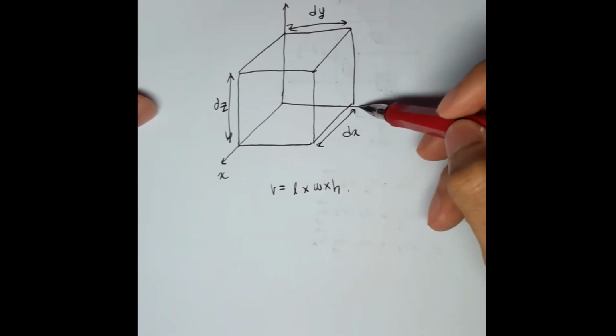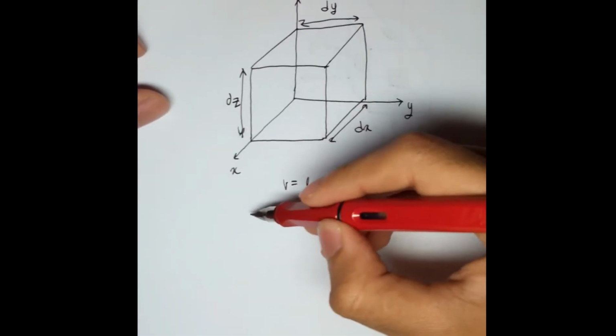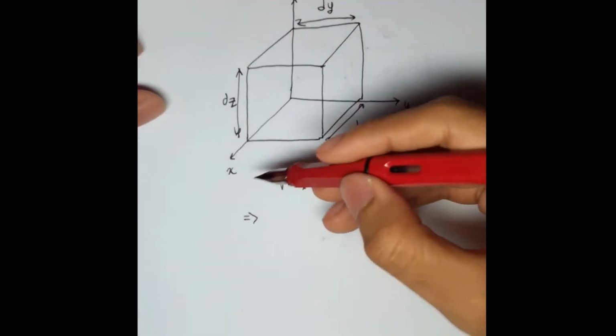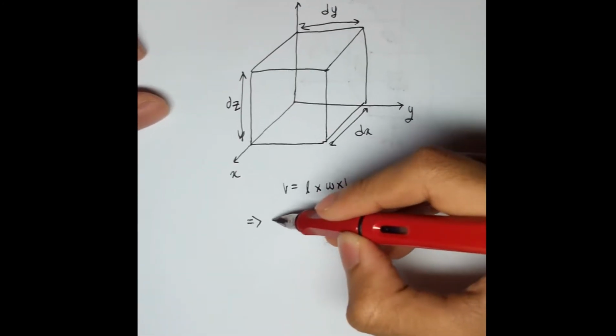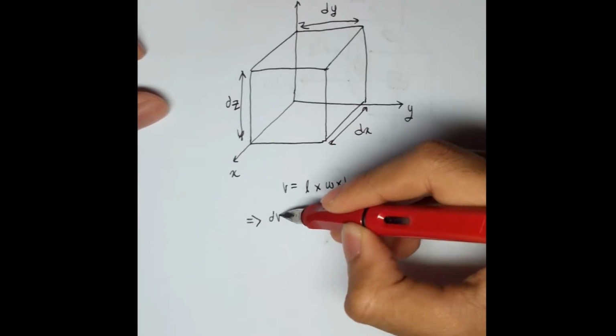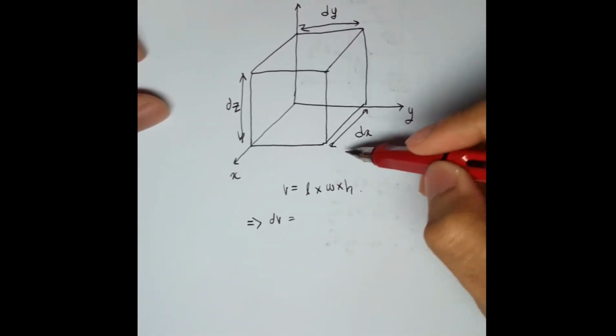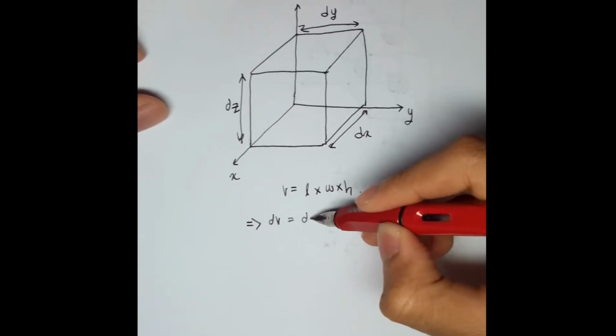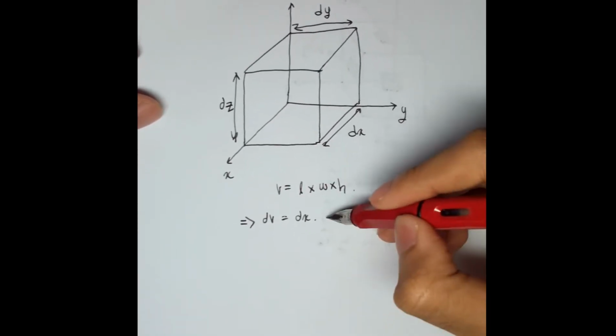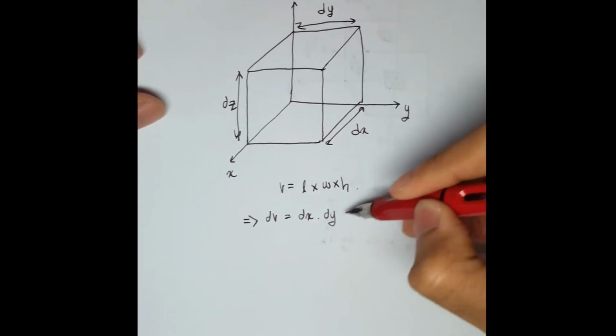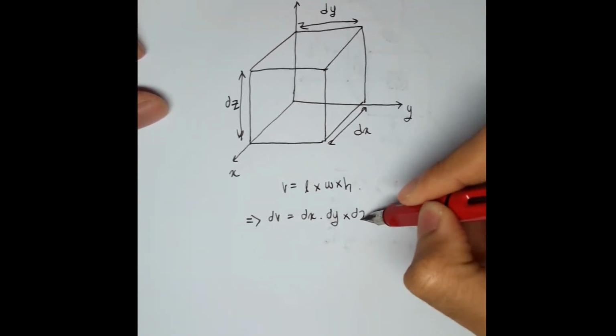The only difference is that we write this in terms of vector. It will be dv, the differential of volume, equals dx times dy times dz.